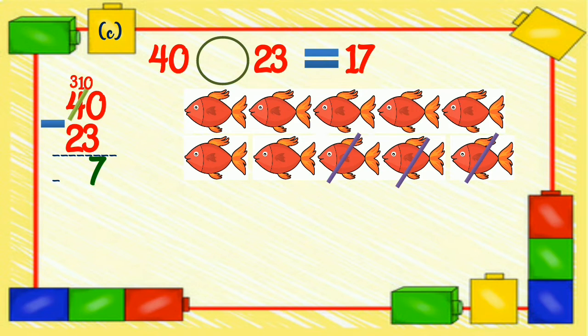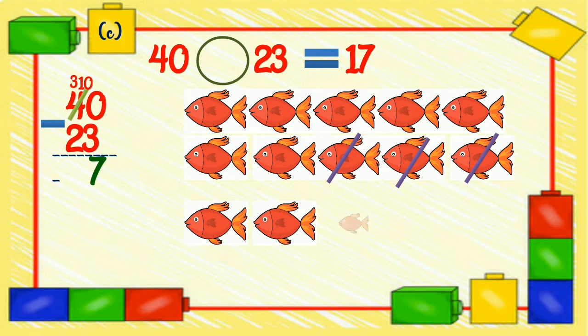Now here we can see 3 minus 2. So now here we take 3 fish. 1, 2 and 3.